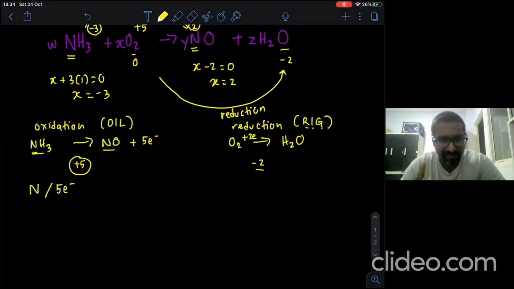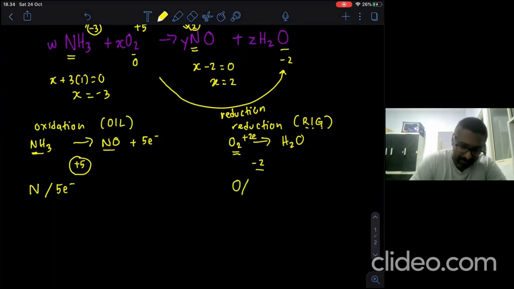Now please take note, we are not dealing with 1 atom of oxygen. This one is going to be 2 atoms of oxygen. So for every 1 atom of oxygen, you are going to gain 2 electrons.